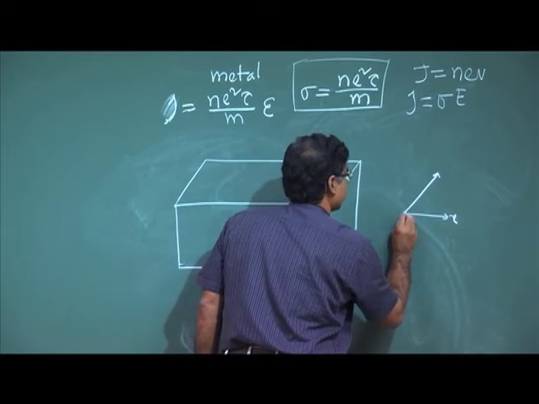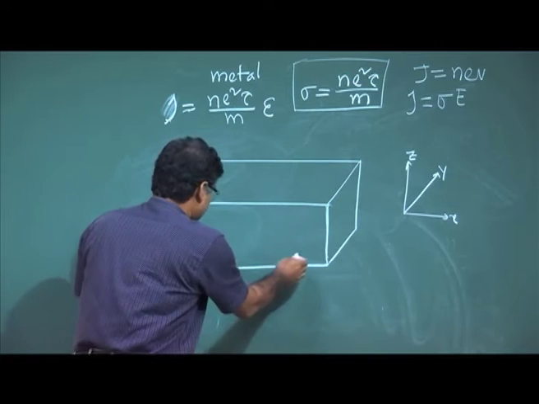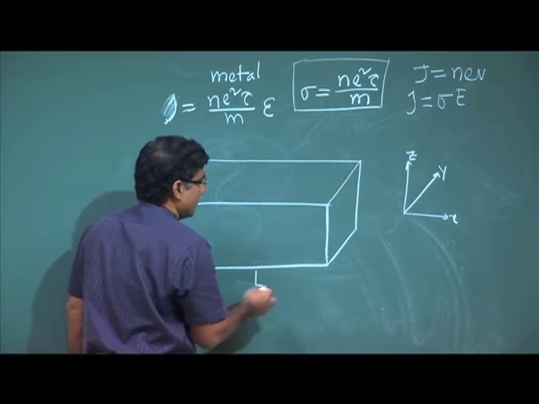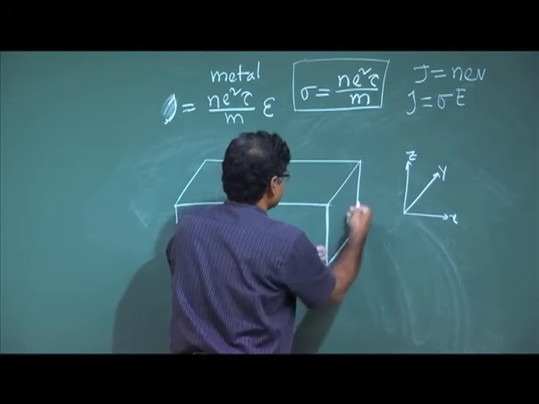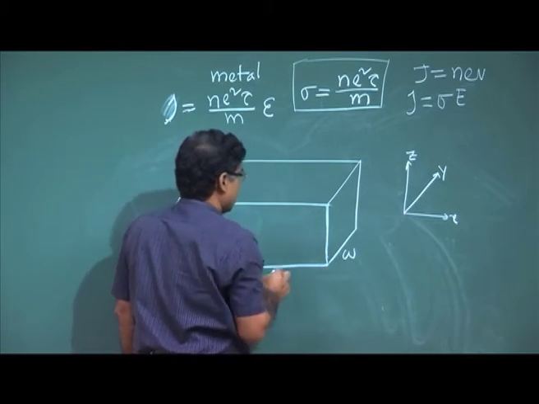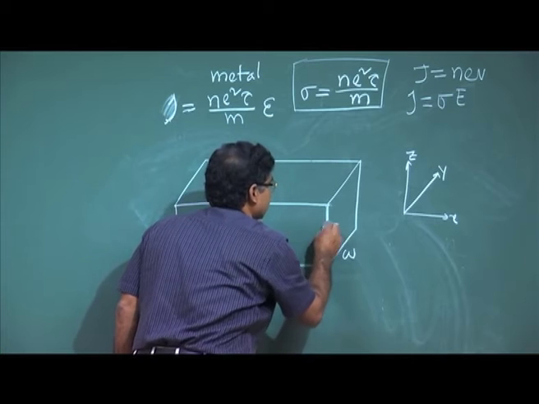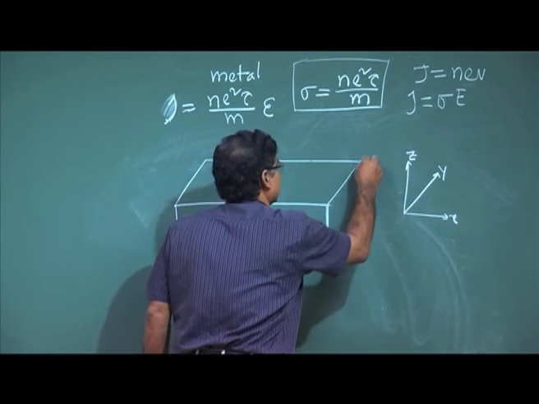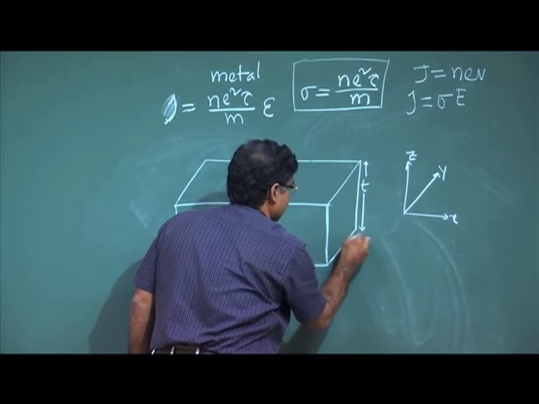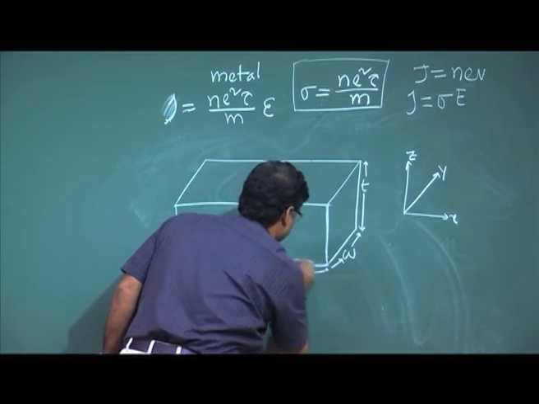The length is along the x axis, say L. This is the width of the sample, say W, and this is the thickness of the sample, T. So, thickness is T, width is W, and length is L.